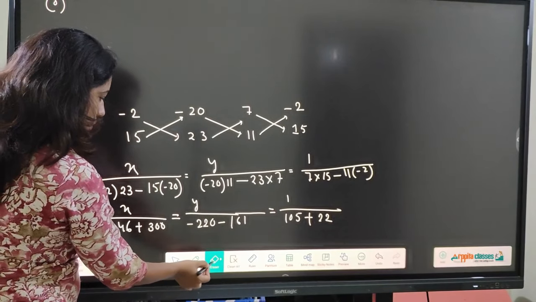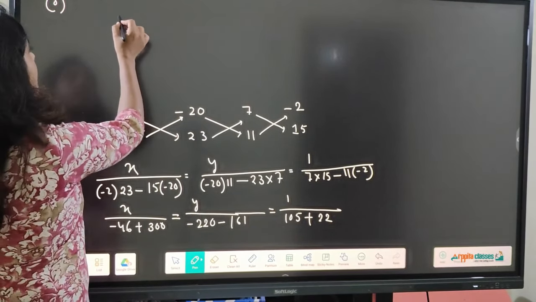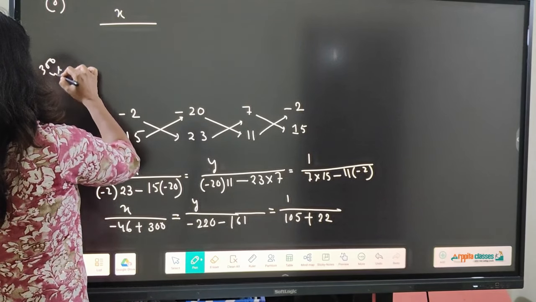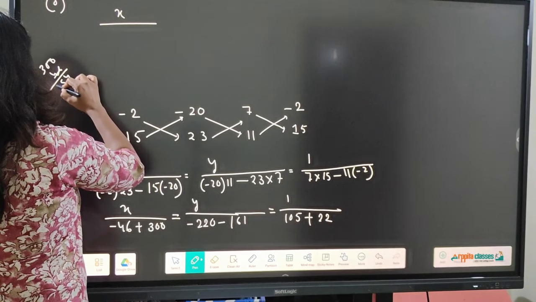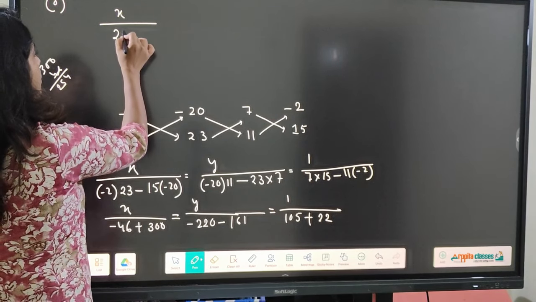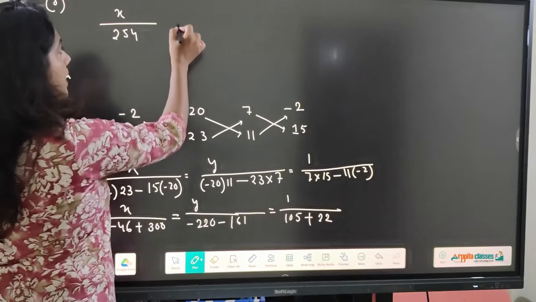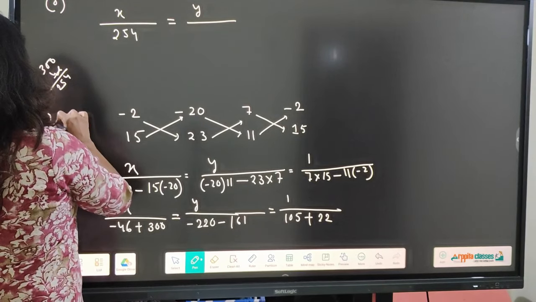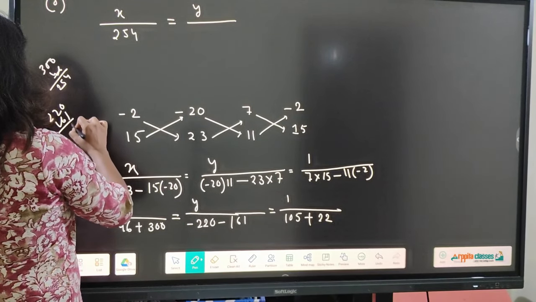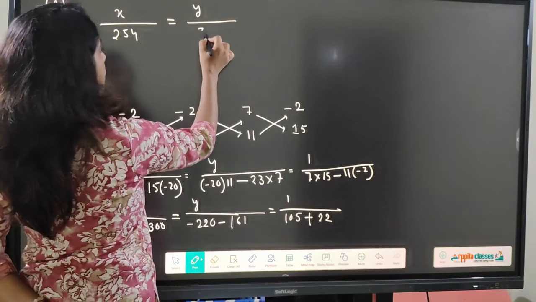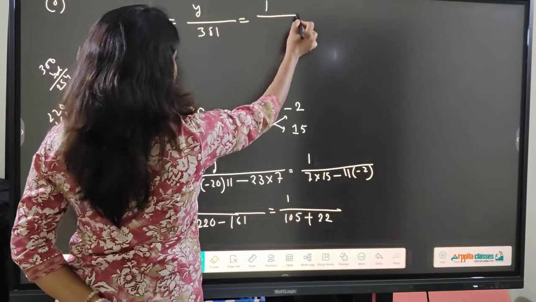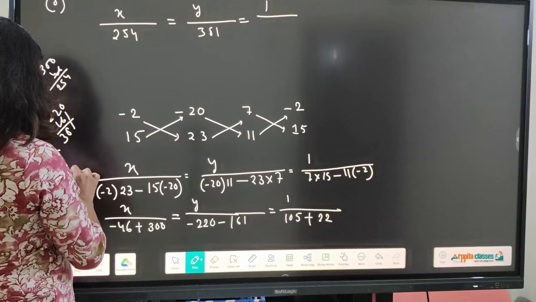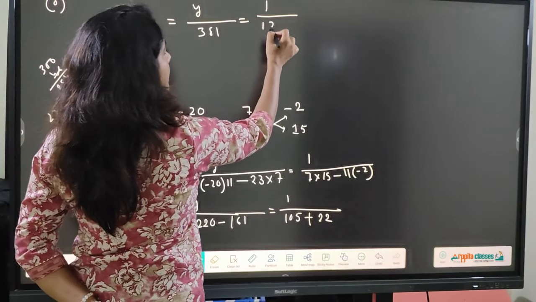Okay, so x upon 300 minus 46. So 300 minus 46 is 254. 254 is equal to y upon 220 minus 161. 220 minus 161 is 59? 381 is equal to 1 upon 105 and 22. 105 and 22 is 127.